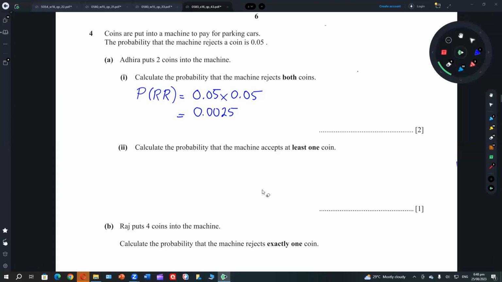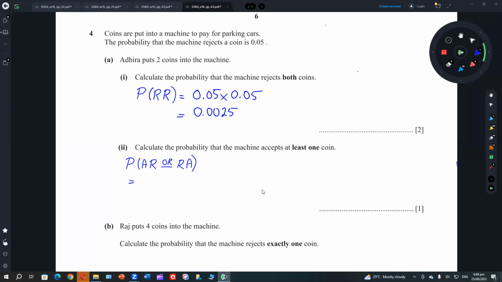Calculate the probability that the machine accepts at least 1 coin. So the machine accepts the first coin and rejects the second, or rejects the first coin and accepts the second.